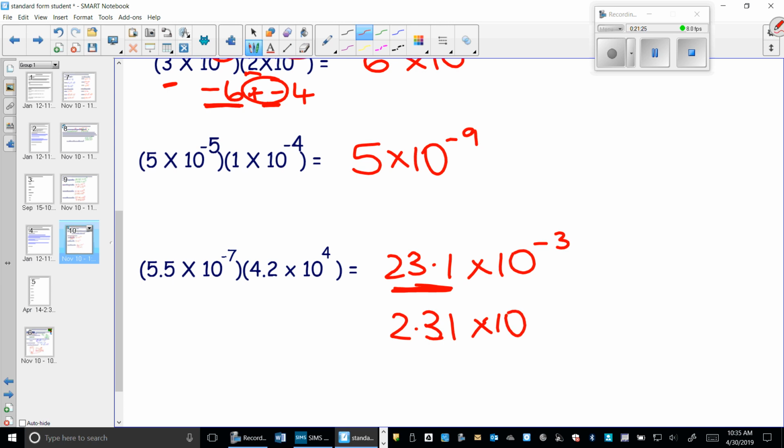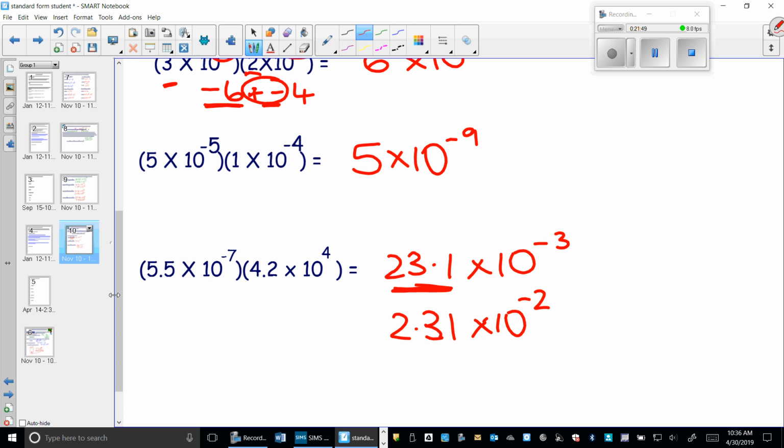Now you've got to be careful here, because what did we always do to the other power? We added 1, yes? So this is going to go from negative 3 to negative 2. But it becomes less negative. So the rule is the same, you've just got to be really careful with those negative ones.